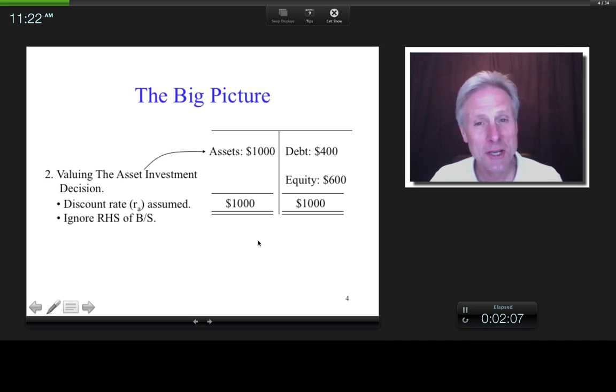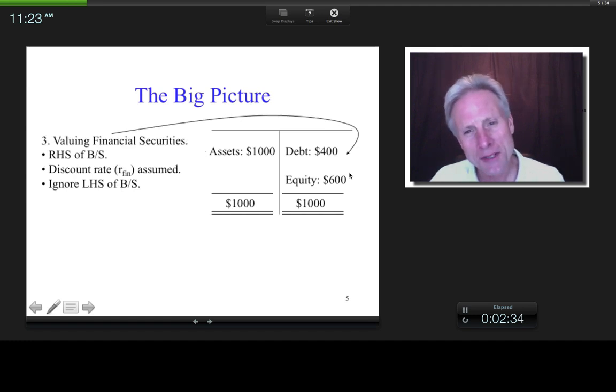Cash flows and discount rate. In other words, we would apply the time value of money equations and models that we already learned. But at this point, we assumed that we knew the discount rate for the asset investment decision. We also ignored how one raises the financing. Is it all debt, all equity, or 50% debt, or whatever.